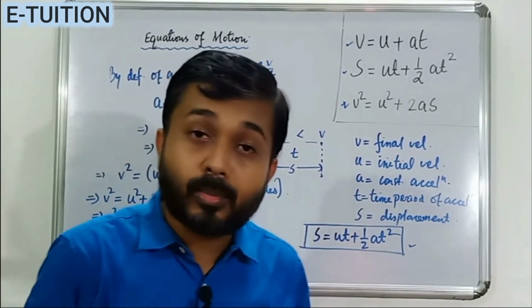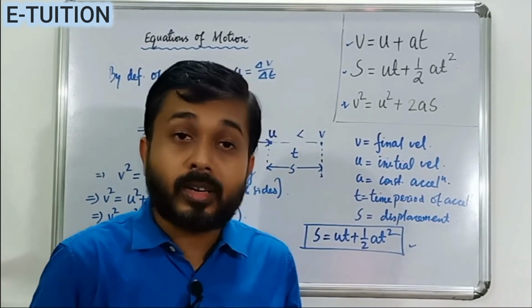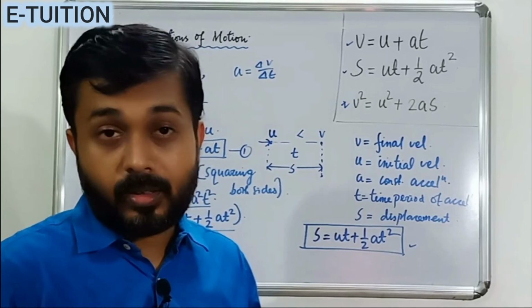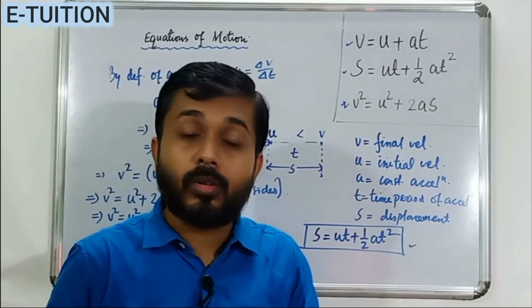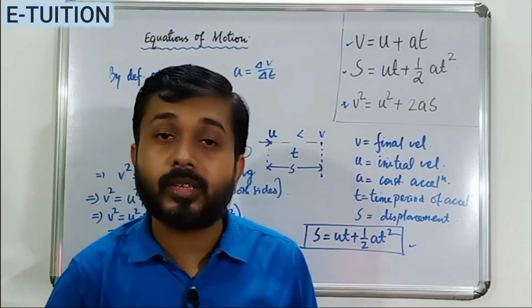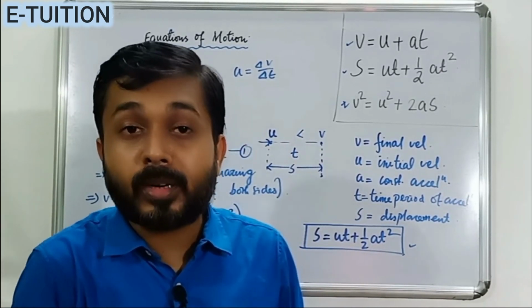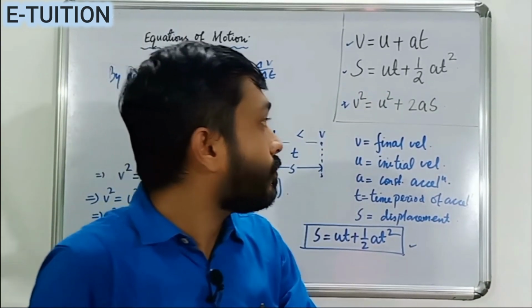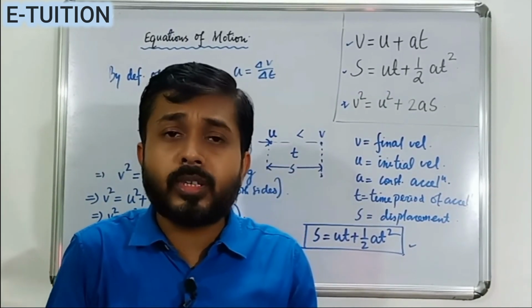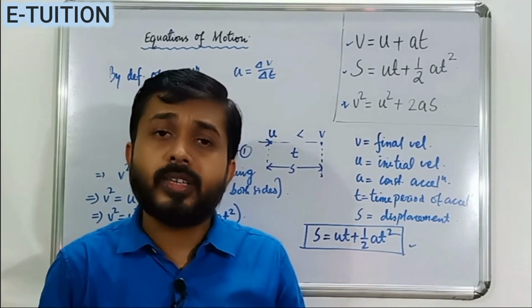These are the equations of motion for a body which is moving with constant acceleration for time t. The body had started its motion from initial velocity u, and has moved with constant acceleration for time t. The displacement which the body has traveled is s. Final velocity the body had acquired after time t is v.